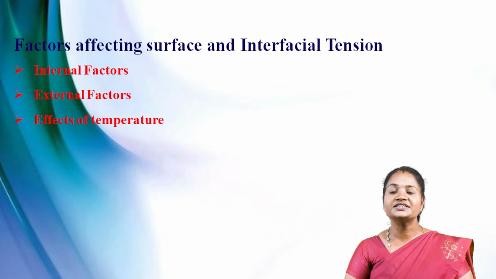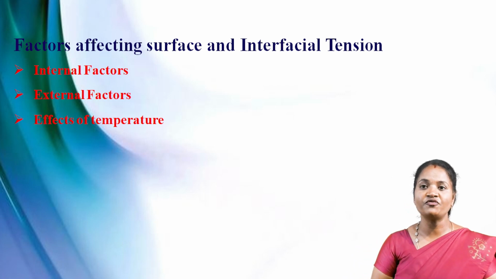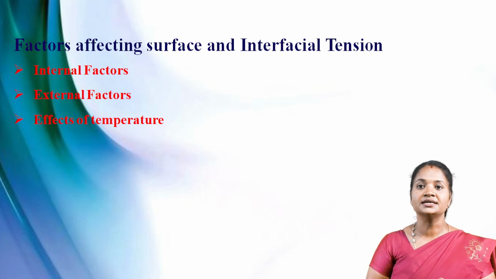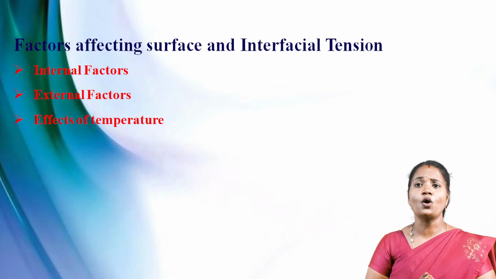Next are external factors. External factors consist of electrolytes. With the addition of electrolytes, there will be an impact on the surface tension and interfacial tension; it can be increased.